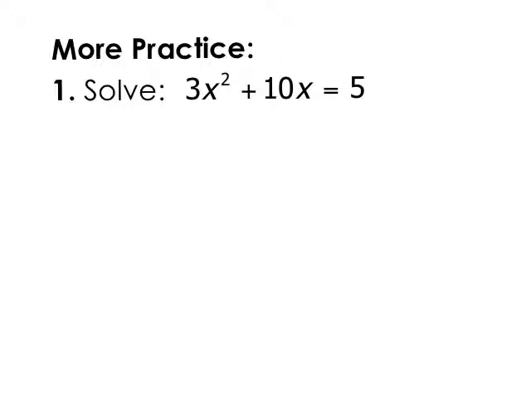All right, so first I'm going to identify my variables. A is equal to what? 3, good. B is equal to 10. Uh-oh, I have a problem with C, don't I? It's on the wrong side of the equal sign, because I need everything to be equal to 0, right?